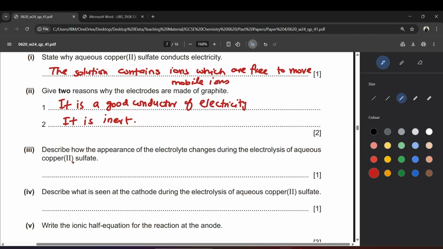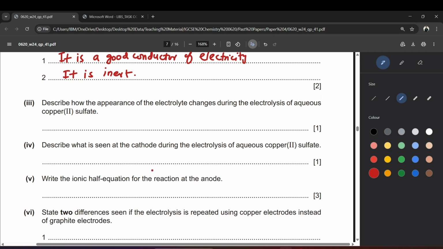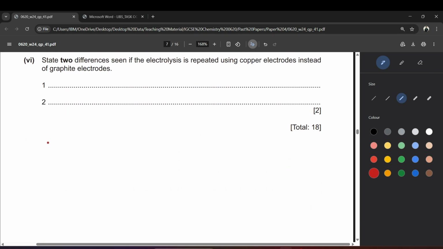Okay, then it says describe how the appearance of the electrolyte changes during the electrolysis of aqueous copper(II) sulfate. Now, in order to understand this, let me quickly tell you what happens during the electrolysis of copper(II) sulfate. First of all, the ions which are present are the copper ions, the sulfate ions, and then because there's also water present in it, we have hydrogen ions and we have hydroxide ions.